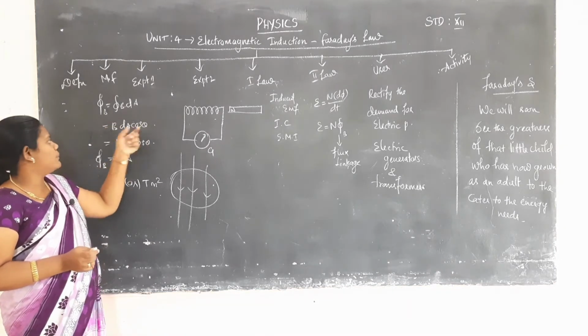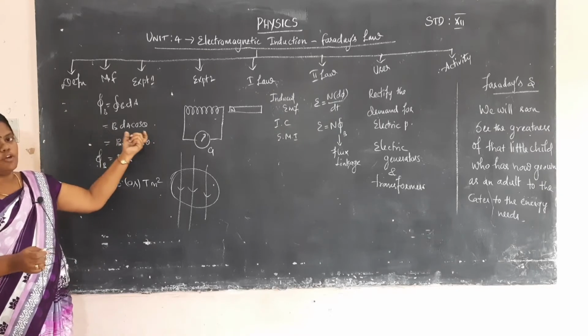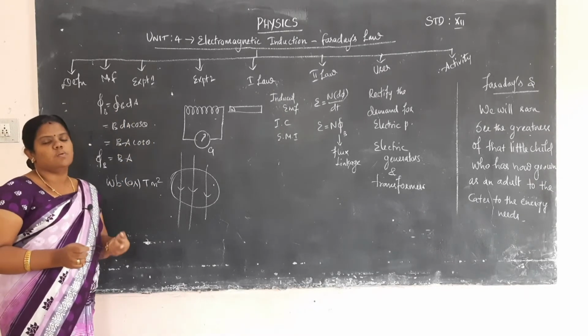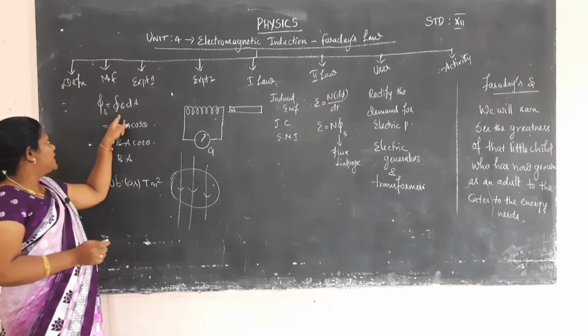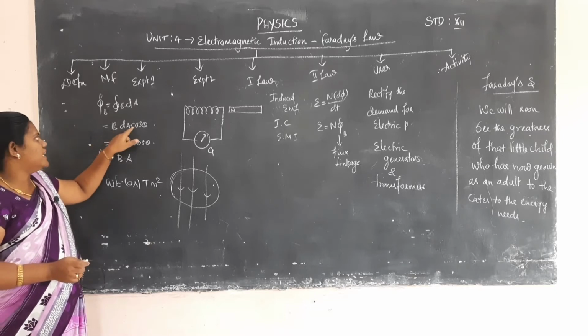So B dot dA is B dA cos theta. How do you put the cos theta? A vector dot B vector is equal to AB cos theta. So B dot dA is equal to B dA cos theta.